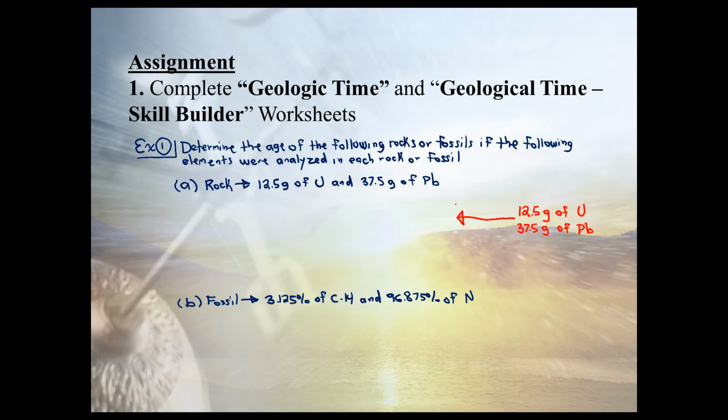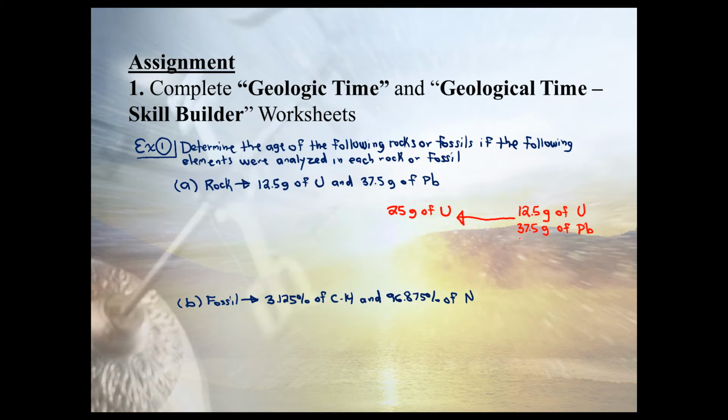If I went back a half-life, okay, in the reverse direction, if you go back a half-life, your mass would actually double. So if I go back in time by one half-life, I would take this 12.5 grams and I would double it. So I'd have 25 grams of uranium. Now, how much lead would I have?